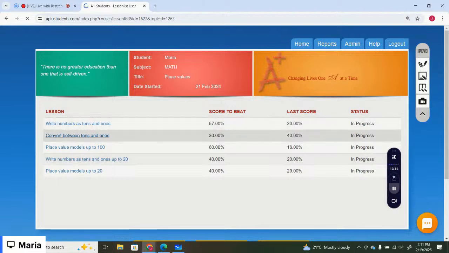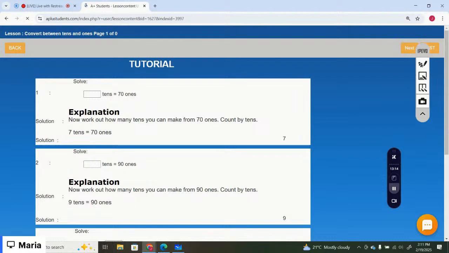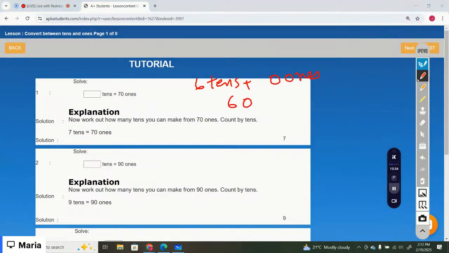Convert between tens and ones. 70 ones means you have to see what digit is at the tens position. So just write it down. That is 10. So 7 tens.